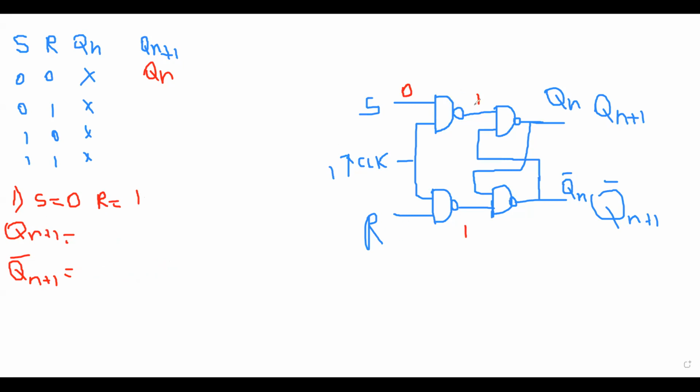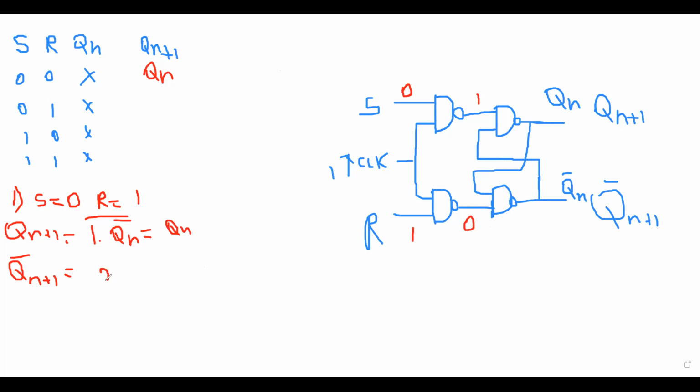Here we get 1 into Qn bar whole bar, and it's equal to Qn. Here we have 1, and 1 into 1 is equal to 0 because it's a NAND gate. So I put 0 here.